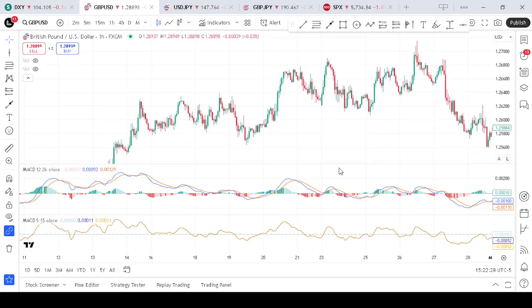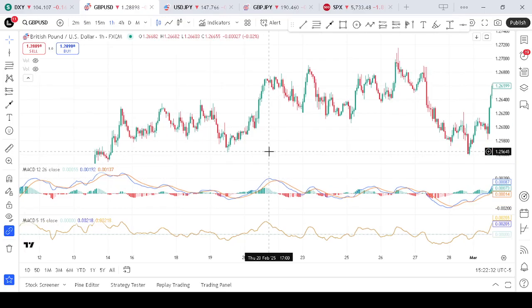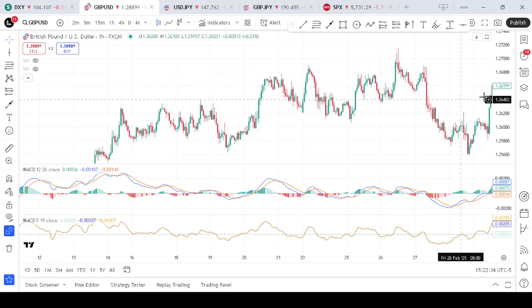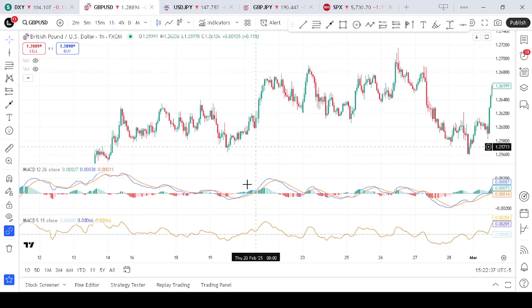Once the MACD line is above the signal line, you should only be looking for buying opportunities because this is a signal that shows that we are in an uptrend. At this area here, you can see it.